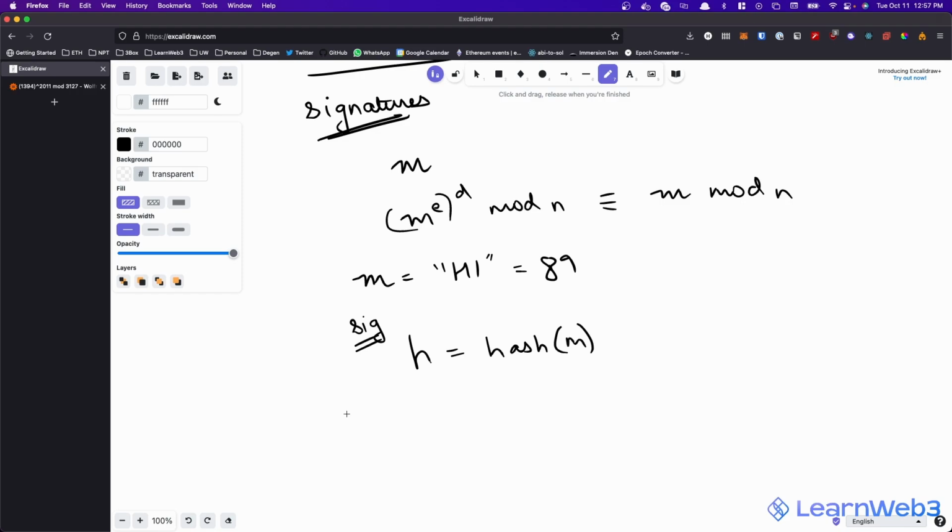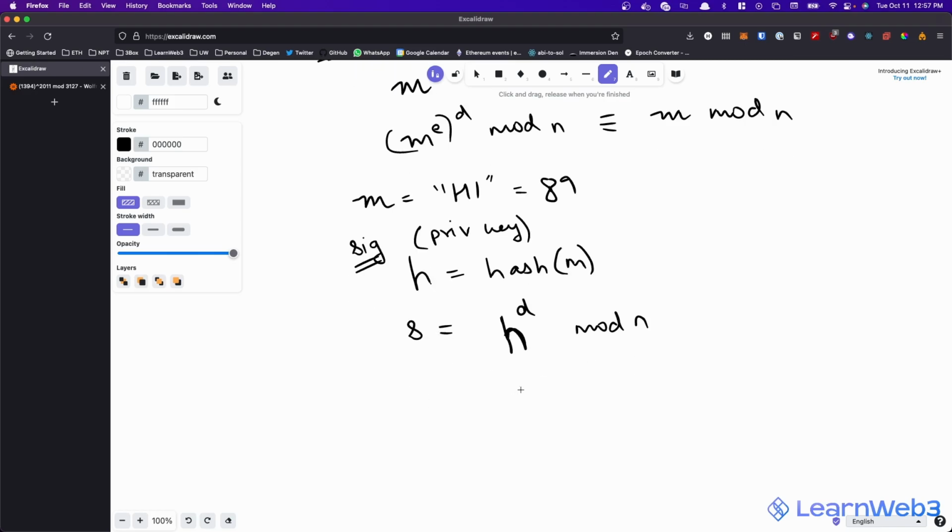And then we calculate the signature S using H power D mod N. The signing part is done using the private key. So if I need to send a signed message out to the rest of the world, I use my private key, raise the hashed message to the power of D mod N, and send this out to the rest of the world.